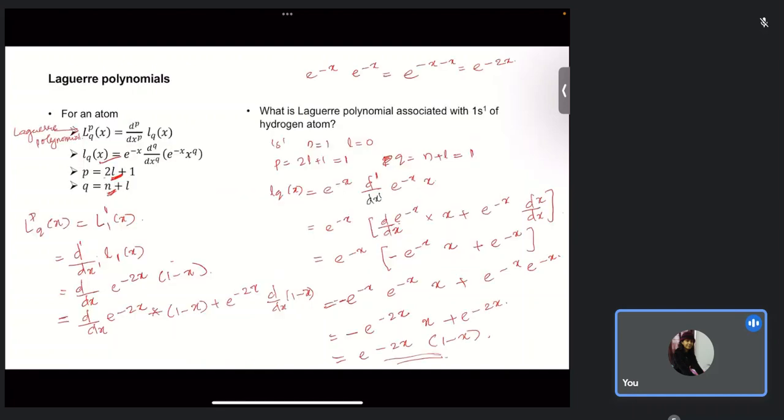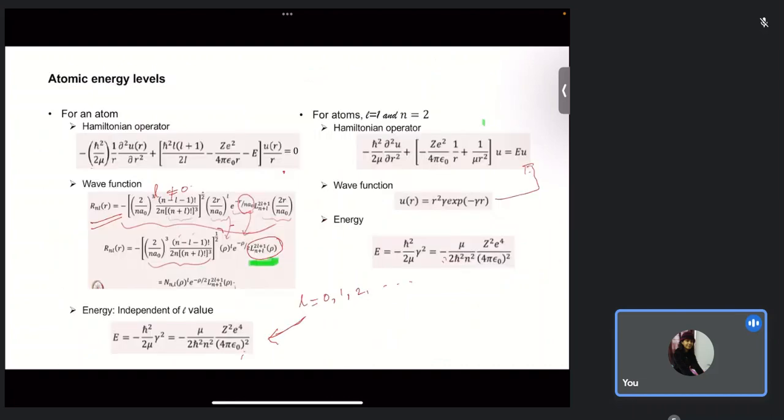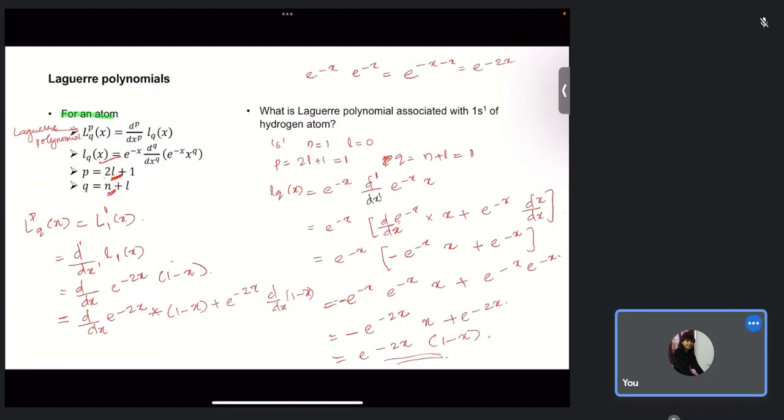In the wave function associated with the atomic levels, we have found that there is a dependence on Laguerre polynomials, and how to define the Laguerre polynomial for any particular atom if we know the L and n value of the orbital that we are looking at.